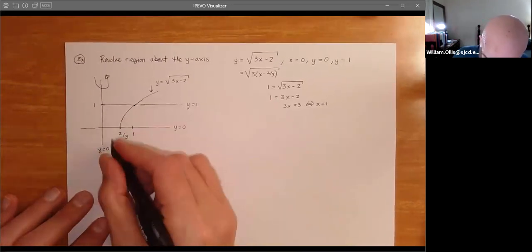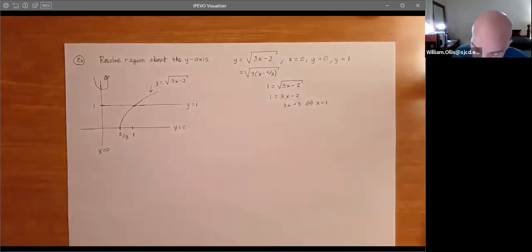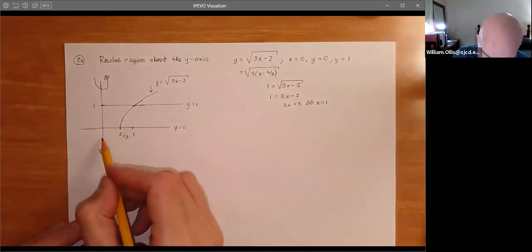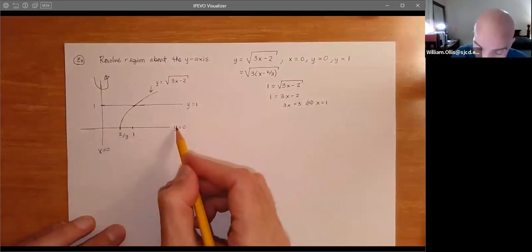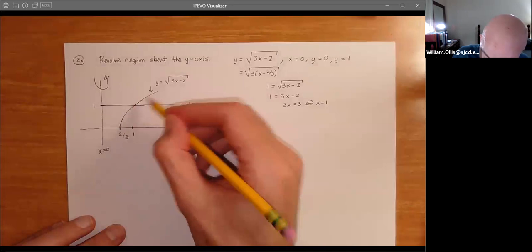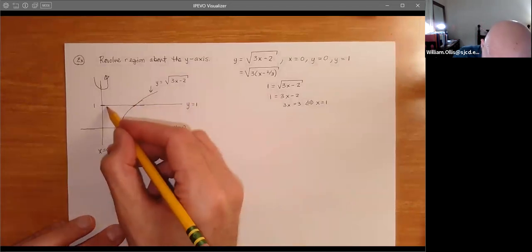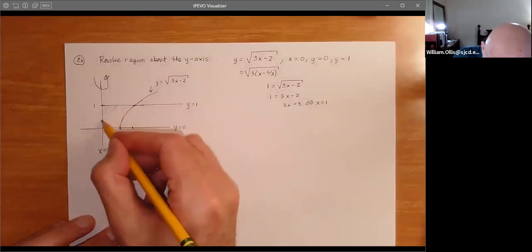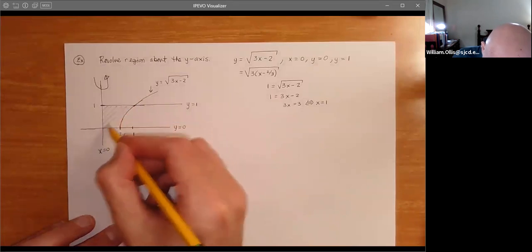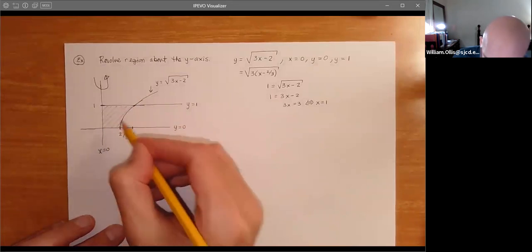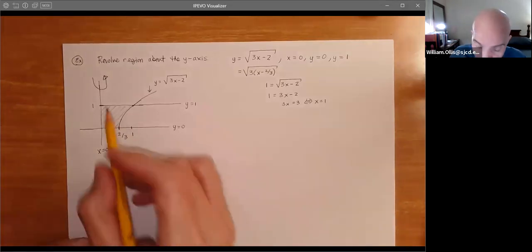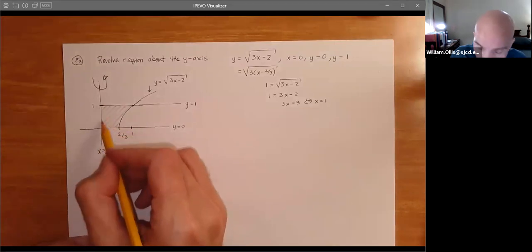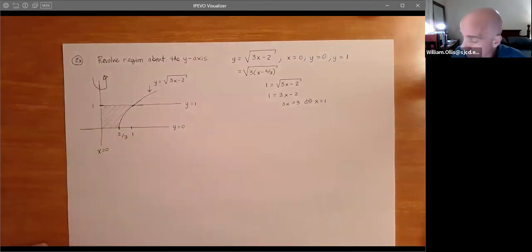So now what we can see is when we think about this region, we have the y-axis, which is x equals 0. We have the x-axis, which is y equals 0. We have the radical curve, and then we have y equals 1. So we get this region here. Basically, we use a whole lot of college algebra. And now this is the disk method, because we see that the region does abut the axis of revolution.